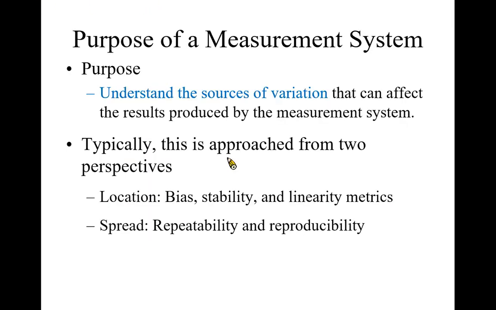So the purpose of measurement system analysis is to understand the sources of variation that can influence the results produced by the measurement system, so we can remove the sources of variation coming from the measurement system.